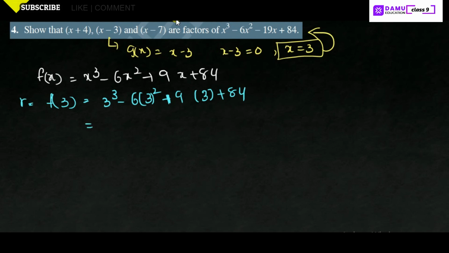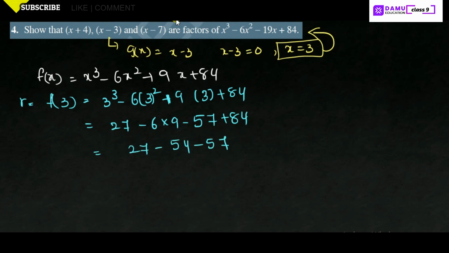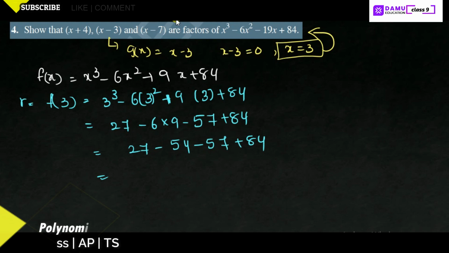So 3 cube is 27, minus 6 into 9, minus 19 threes are, what is that, 57, minus 57 plus 84. That will be equal to 27 minus 54 minus 57 plus 84. So here 27 plus 84, we will get 111.